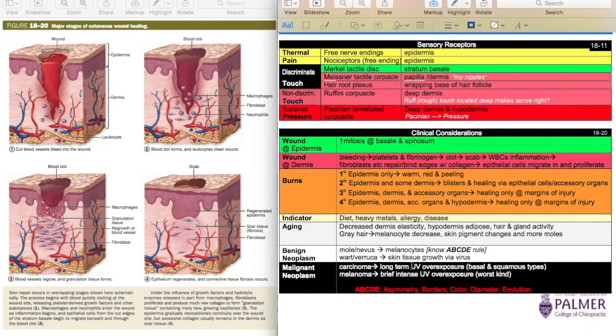It'll be on the top of your head if you get a bald spot, or maybe on your nose. There are basal and squamous carcinomas, but basically what you need to know, for this test at least, is that carcinomas are associated with long-term, lifetime UV exposure, and then somebody might get a carcinoma on their nose or their back or the top of their bald spot, when they're like 45 years old.